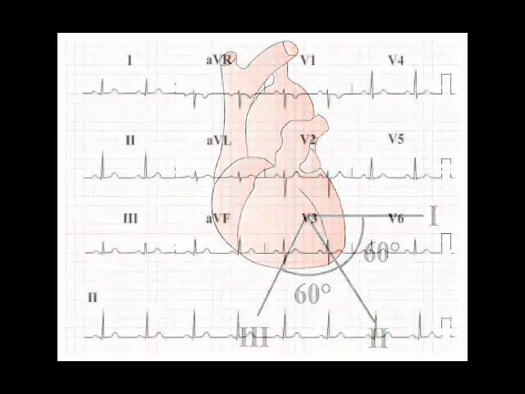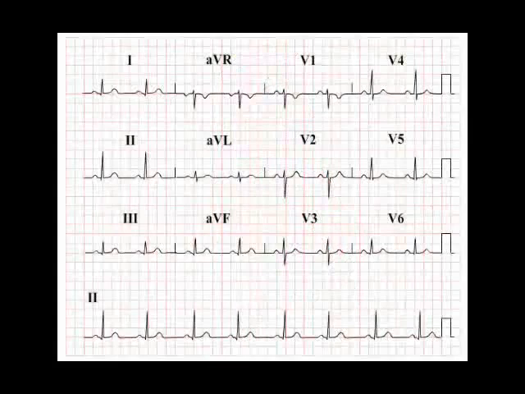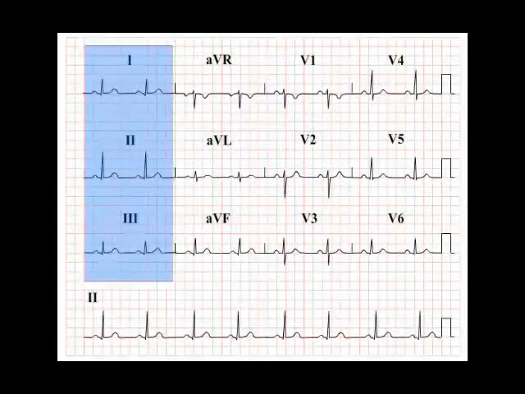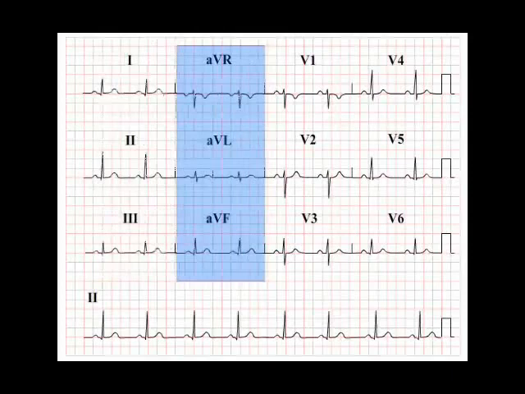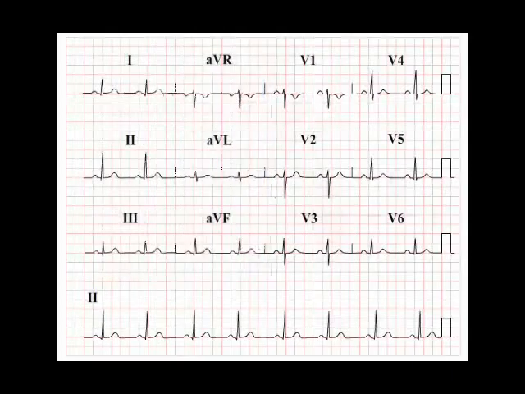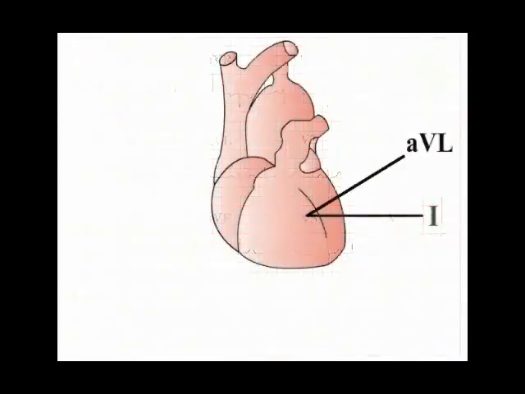The readout from the standard leads, leads 1, 2 and 3, are recorded down the right-hand side of the ECG paper as shown here. We are now left with 3 further vertical leads to remember. The augmented leads, AVR, AVL and AVF. AVL looks at the heart from the left. L is for left, but at 30 degrees anti-clockwise, or more to the left if you like, from lead 1.